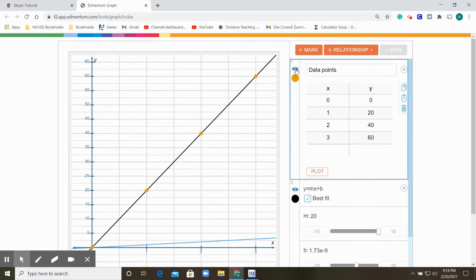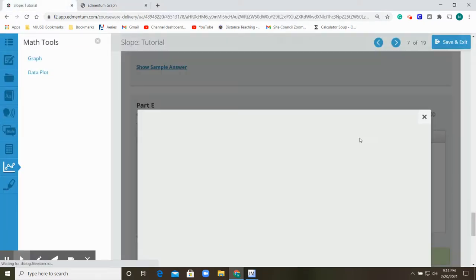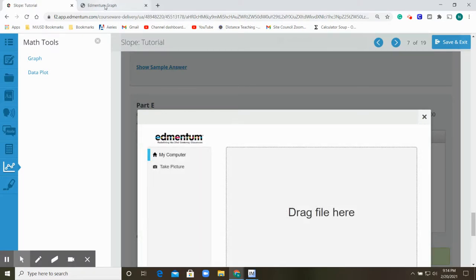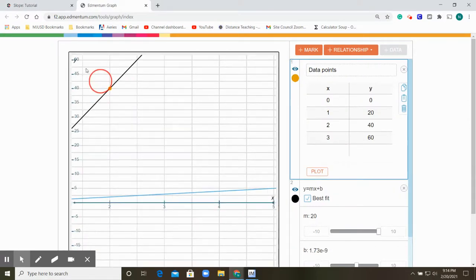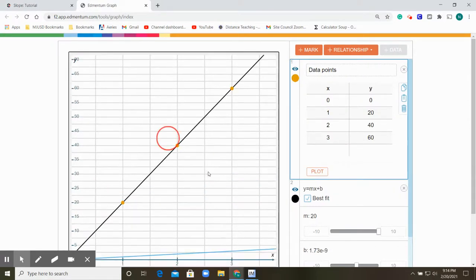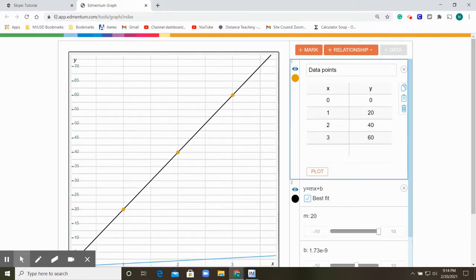Okay, so once I clicked that, the data points showed up here, and then we can copy it out, copy table data. I don't know if that's going to copy the graph or not. We come over here, and in here we can do insert image. It says drag it there, so let's see. Oh boy, that's not right. Edit undo. Now I'm going to have to pause my video.